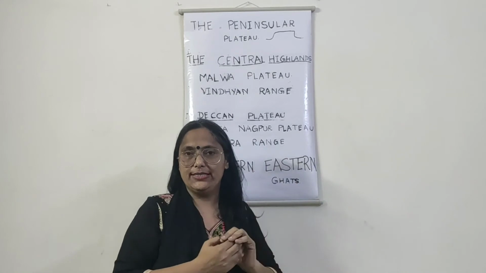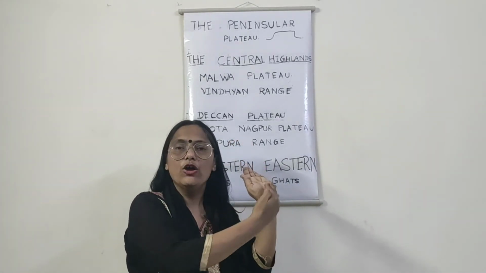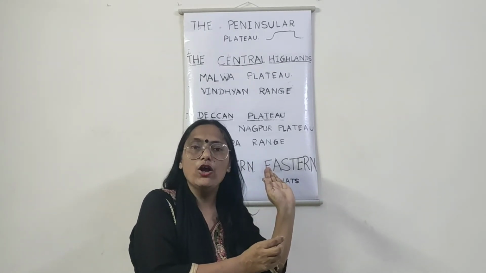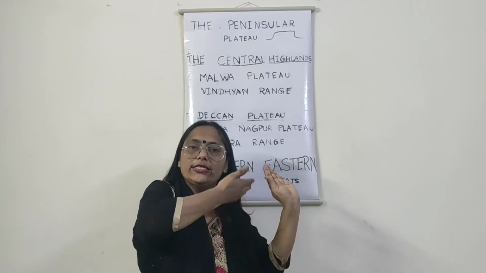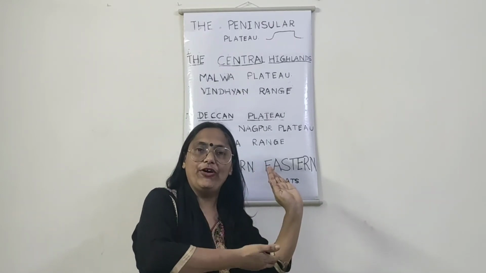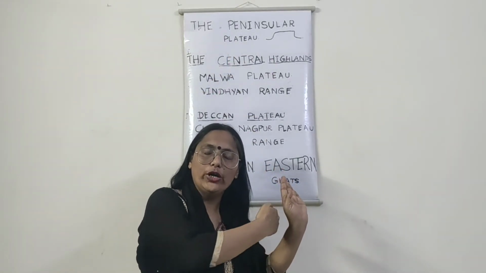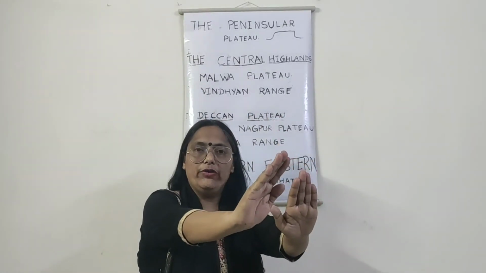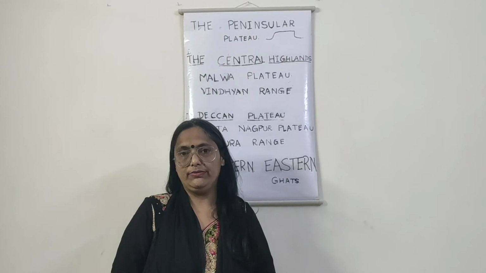Here the ranges are continuous, with only one pass. Whenever water evaporates from the Arabian Sea, it splashes into the mountain ranges and brings rainfall into the Western Ghats.